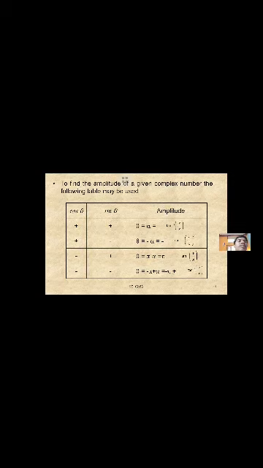See, observe the table. If cos theta and sin theta are positive, then theta equals alpha, that equals tan inverse of y by x.